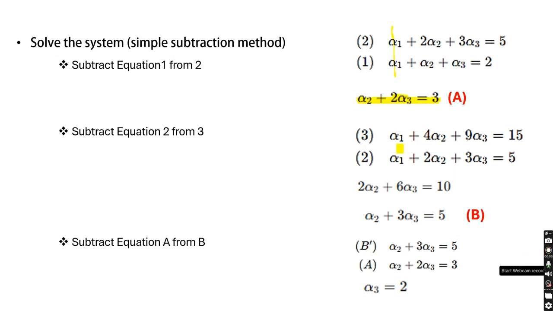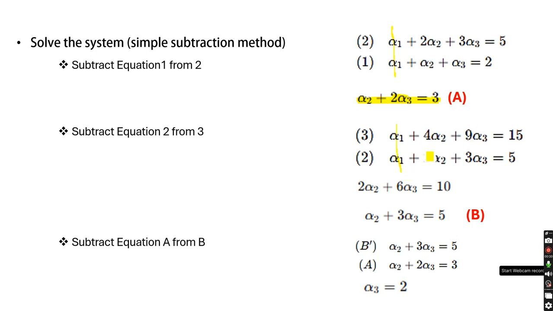So our equation 3 is we have A1 plus 4A2 plus 9A3 is equals to 15. And our equation 2 is A1 plus 2A2 plus 3A3 is equals to 5. So again, mawara ini because if i-subtract na to ang alike term, so mawara siya.